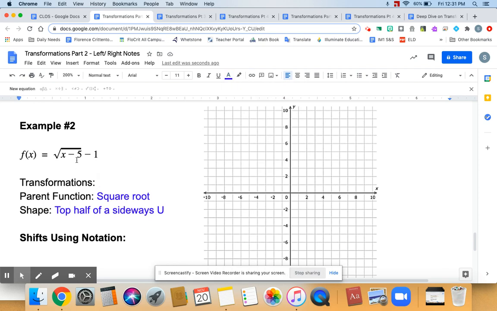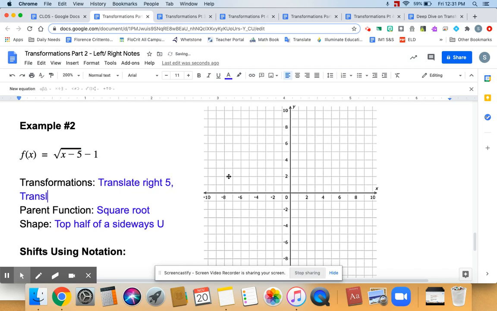There's 2 of them, and the minus 5 means to translate right 5. It's the opposite of what you think when it's in the function. It's under the square root with x. And then the minus 1 at the end means to translate down 1.